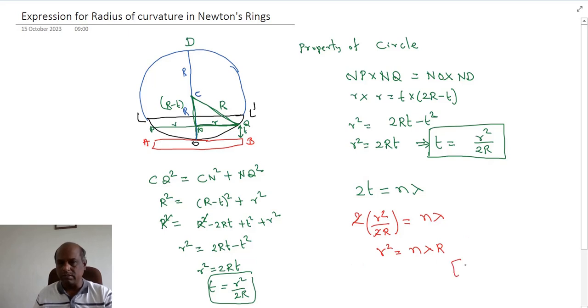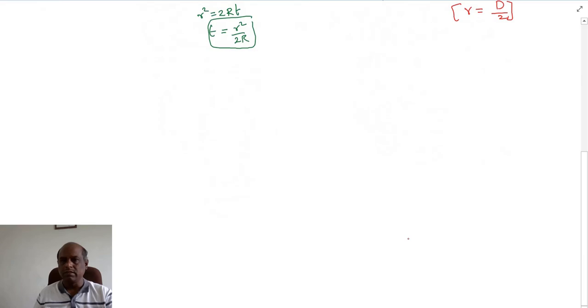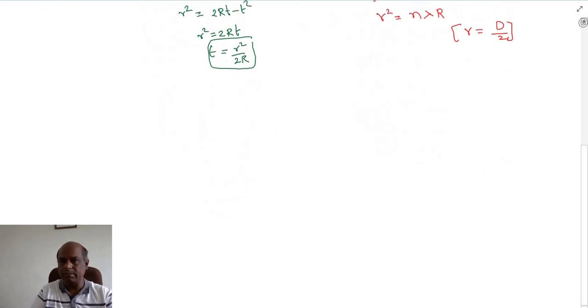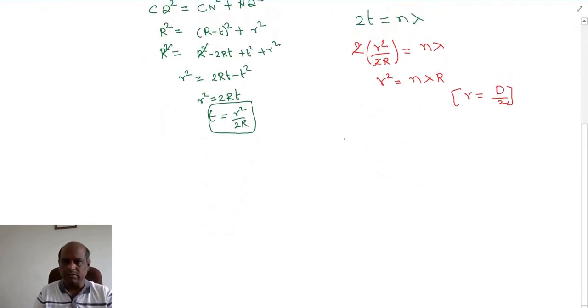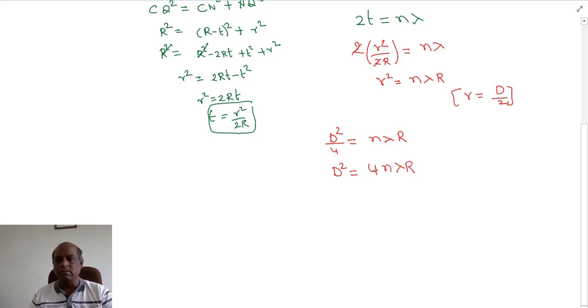So we know that r, the radius, can be written as half of the diameter. So what happens is D square by 4 is equal to n lambda R, or else D square, diameter square, is equal to 4n lambda R. So in this scenario, 4 is a constant, wavelength is a constant, and the radius of curvature is also constant.